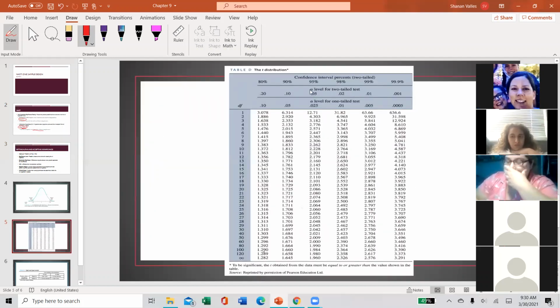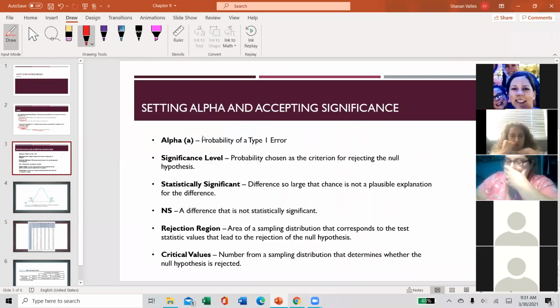Our alpha is right here. It says alpha level for a two-tailed test. We're always going to be picking an alpha of 0.05, because that's just what we do in social sciences. The alpha is the probability of committing a type 1 error.